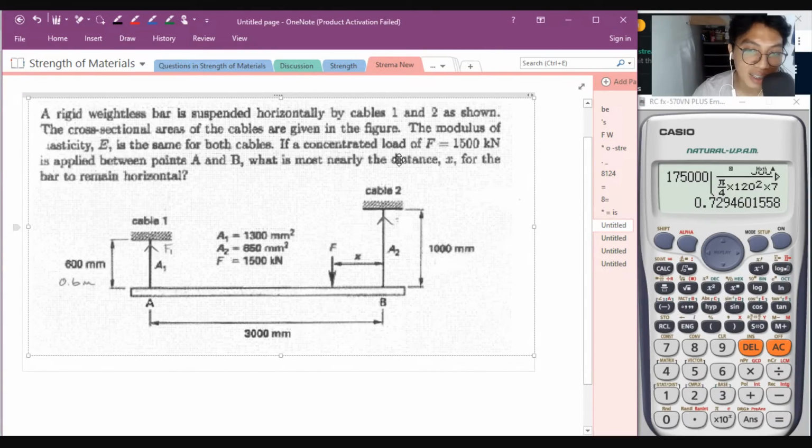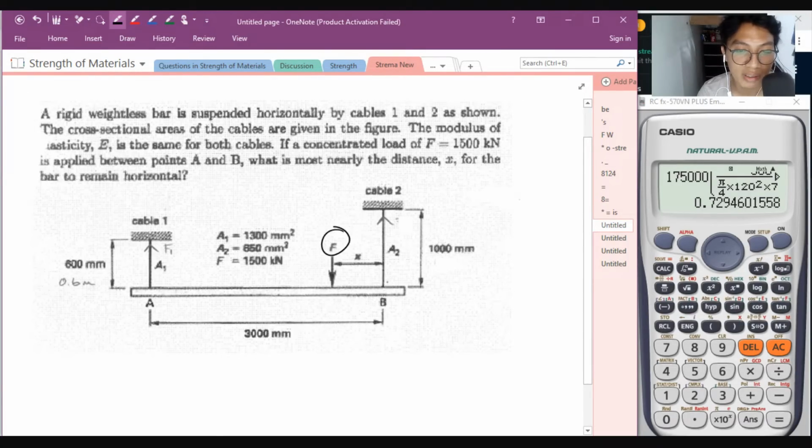If a concentrated load of F equal to 1,500 kilonewtons is applied between points A and B, nandito siya, hindi pala gitna. Nandito yung F. What is most nearly the distance X for the bar to remain horizontal?